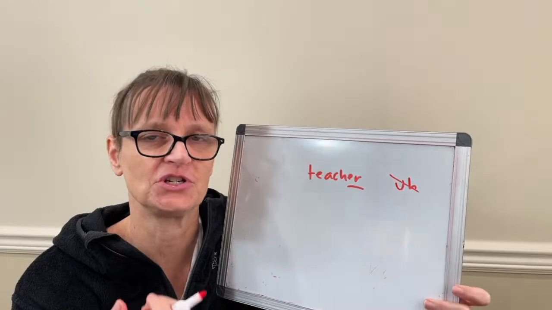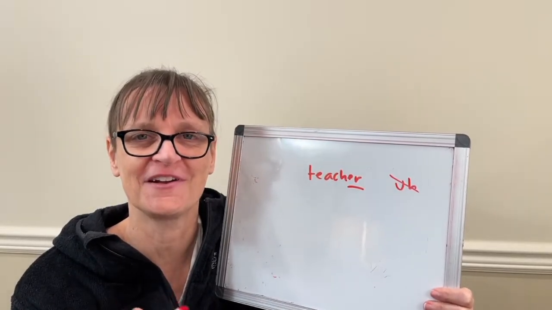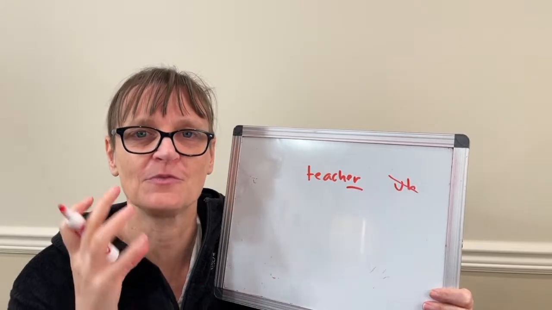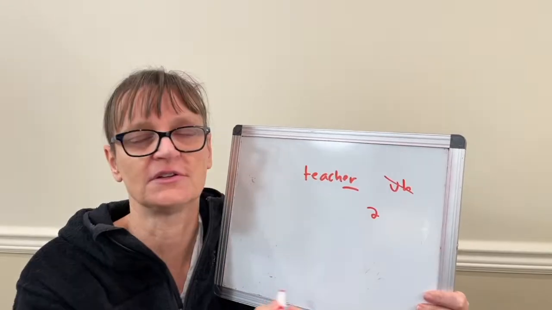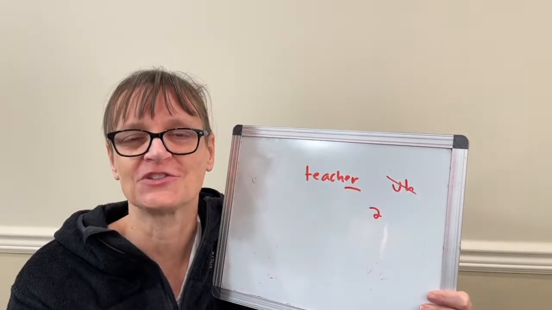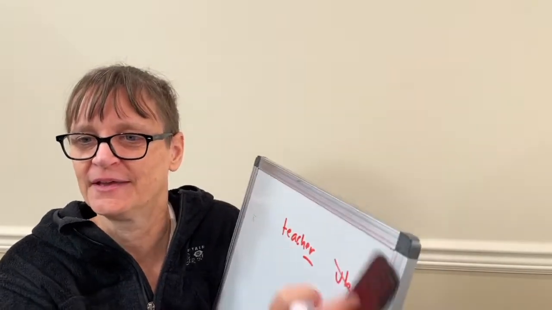Pretty much 99.9% of the time, if you see letter R in American English, you're going to hear the R sound. It's British English that will use the schwa or the relaxed sound in the unstressed R position.